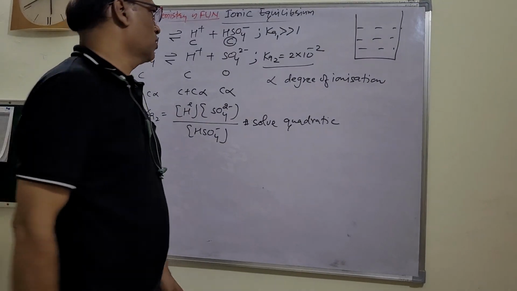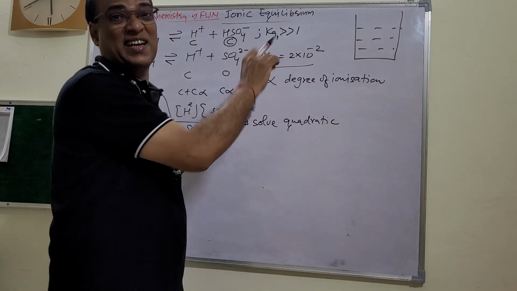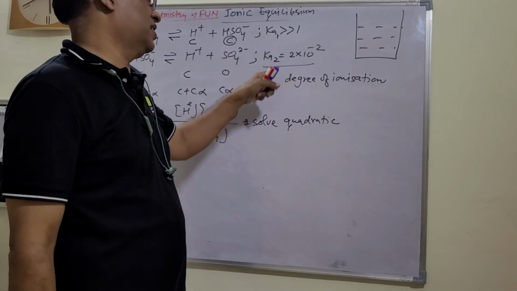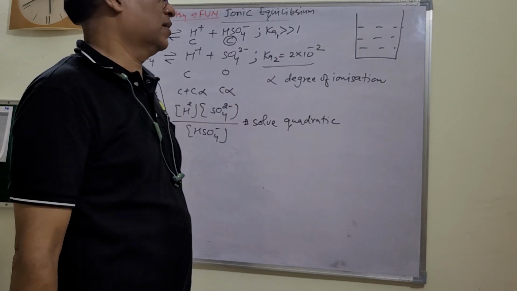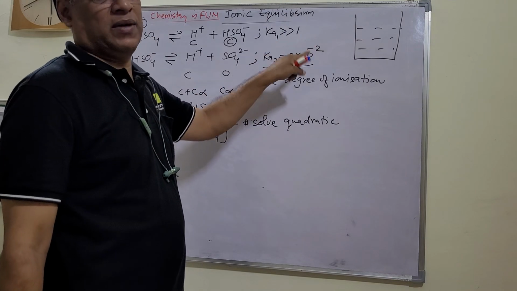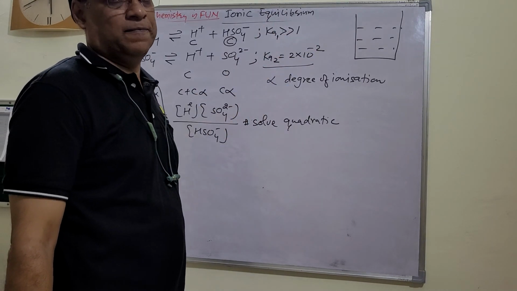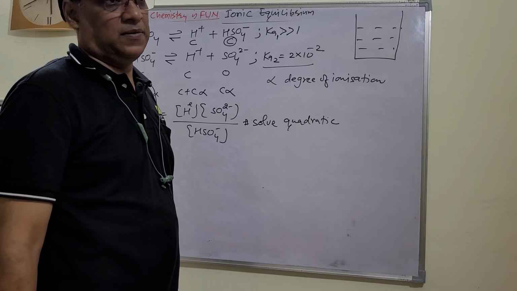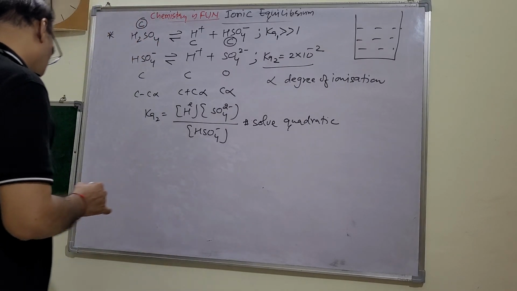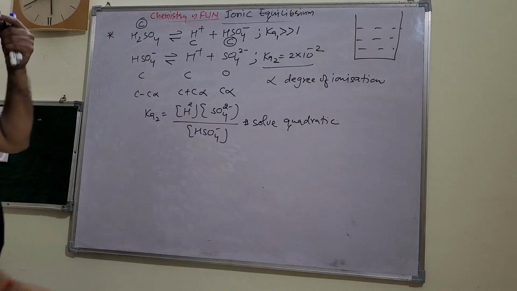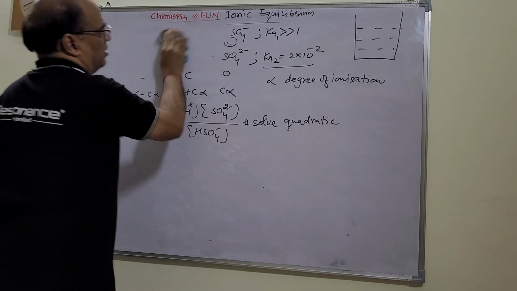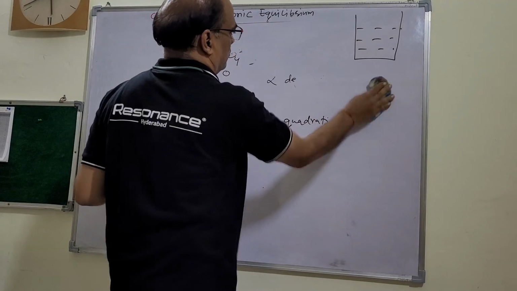Otherwise your answer will be wrong if this constant is given in the main exam itself. Generally it is given in advanced, but once it was asked in mains also. So be aware of such constants. 10 to the power minus 2, 10 to the power minus 3, such constants are very risky. If it is minus 4, minus 5, there is no problem. Got it? So one star mark condition is resolved.